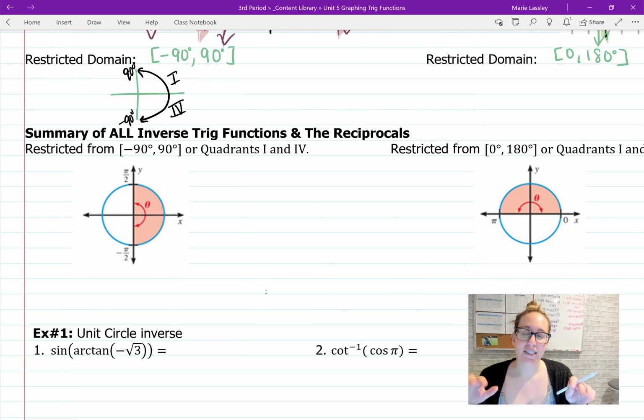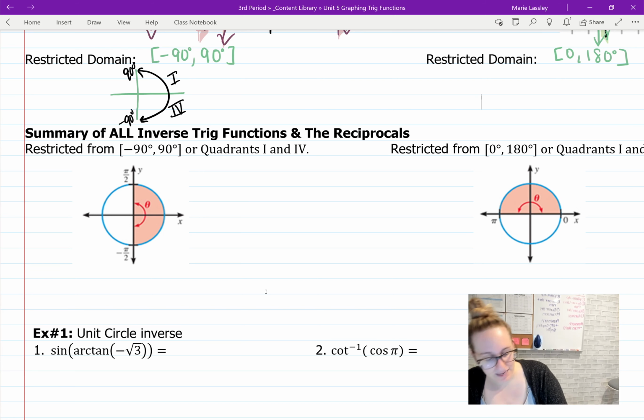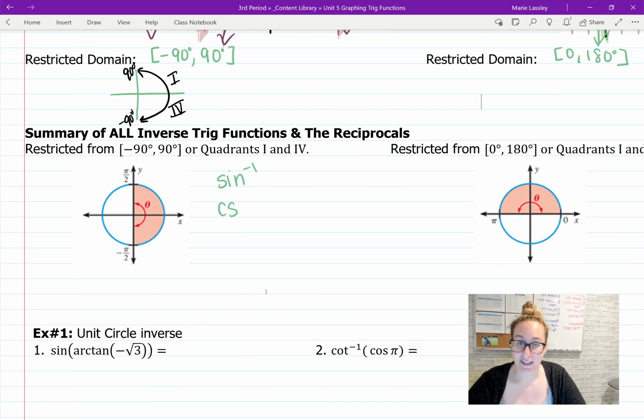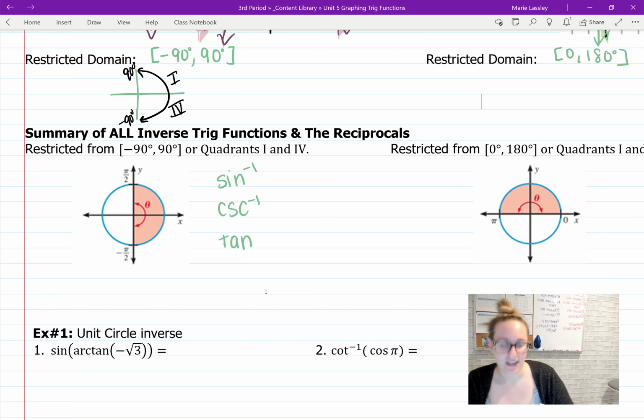The functions that we're going to have inverse values coming out of these two quadrants are sine, so inverse sine, inverse cosecant, and inverse tangent. Those three inverse functions have values that come out of this restricted domain, this interval from negative pi over 2 to positive pi over 2, so quadrants 1 and 4.